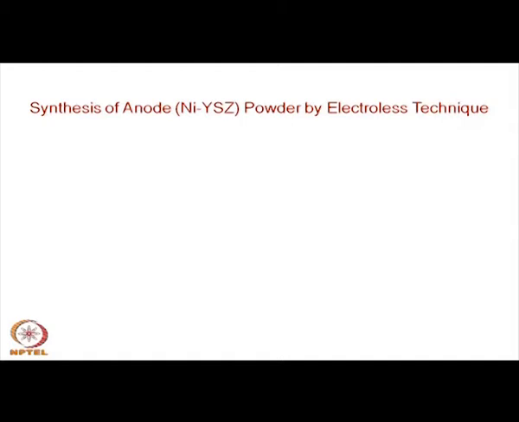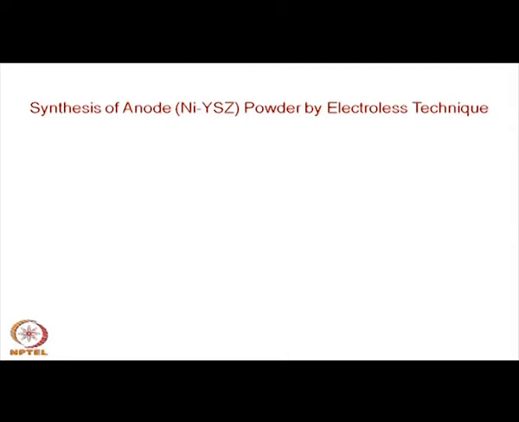There are other of course much better techniques where much finer powders can be prepared either by co-precipitation or by sol gel technique or maybe combustion technique. Okay. So, it is a high temperature combustion, either a solution combustion or gel combustion. Many of these techniques can be used to make fine powders of these mixed oxides.